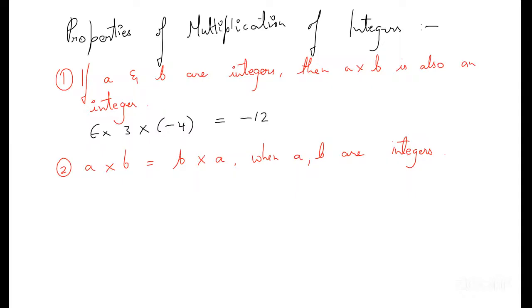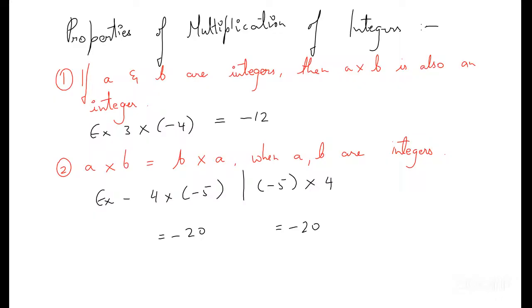Look at an example. 4 into -5. Solve it and solve -5 into 4. 4 5s are 20, so -20, and 5 4s are 20, it will be -20. -20 and -20. That means that we can multiply in any order, the answer will be the same.